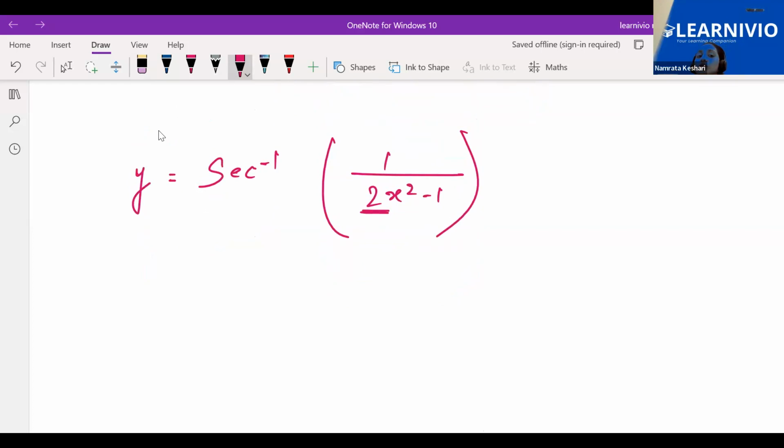Here in your book, if you have your book, what is the derivative of sec inverse x? 1 by x into root of x square minus 1. Okay, so before using chain rule, let's think about what can be done. What else can be done?